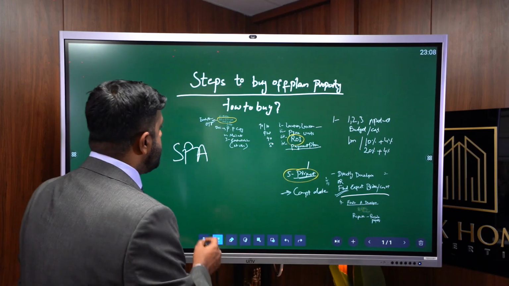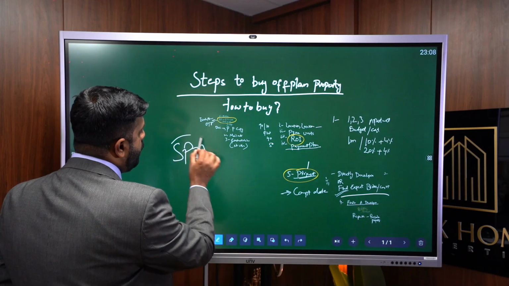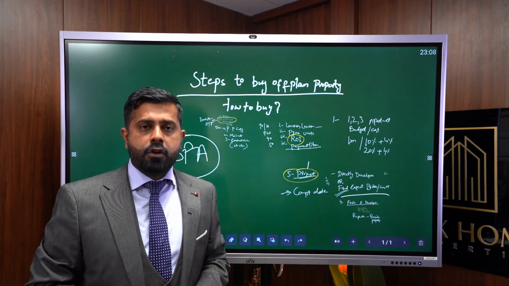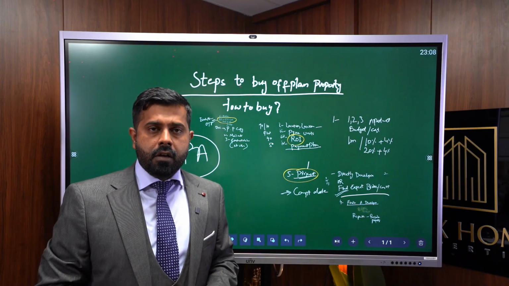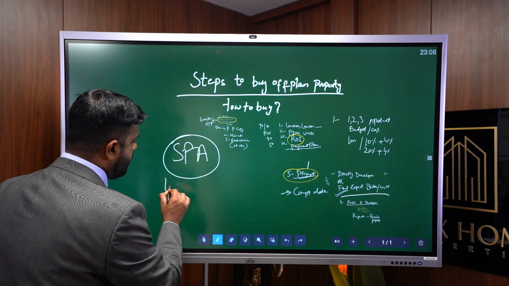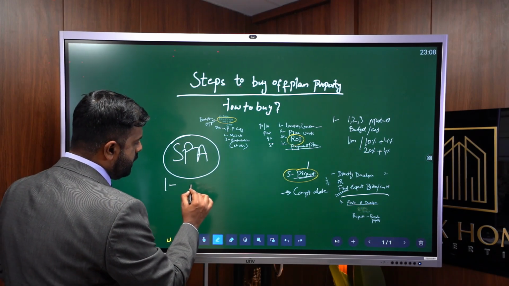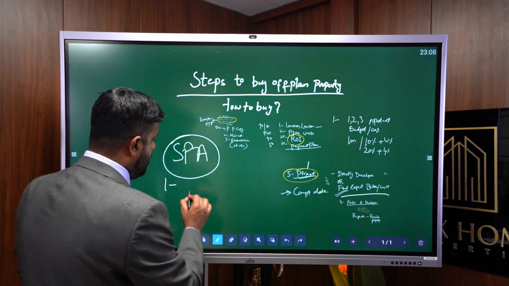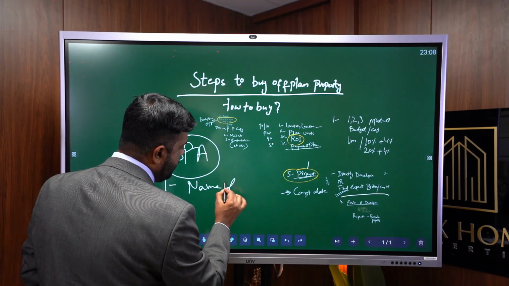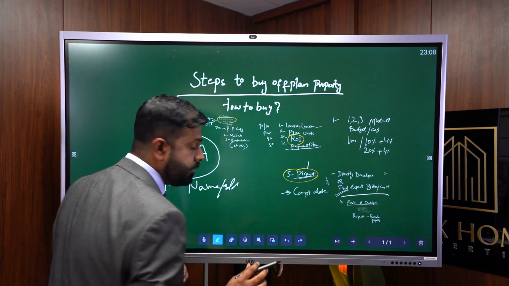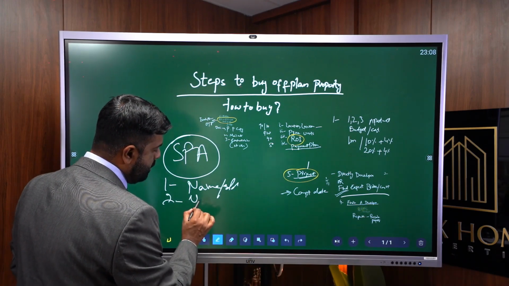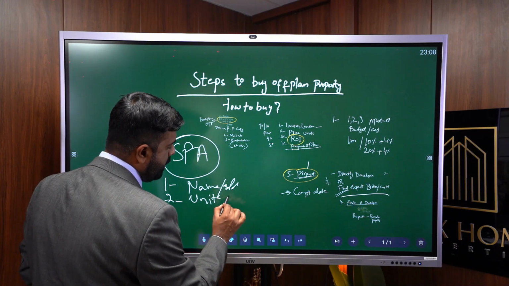Okay, so there are many important points to know in the SPA. You should always read carefully and check the details. For example, you should check that your name and address are written correctly. You should check that the unit number is the same as the one you have bought.